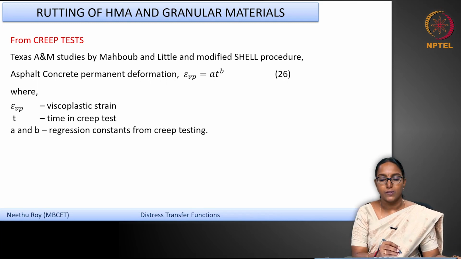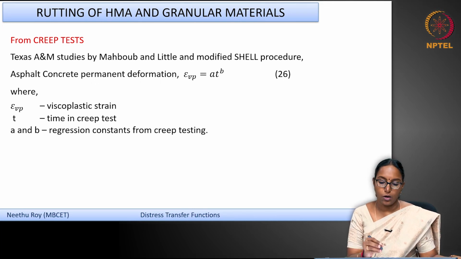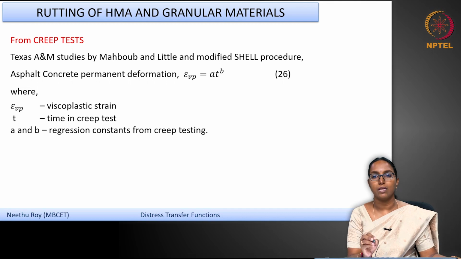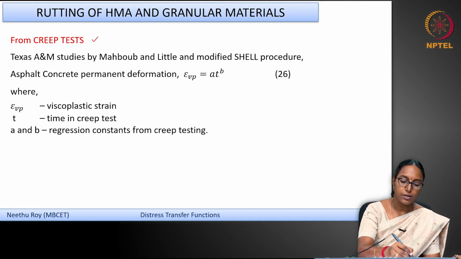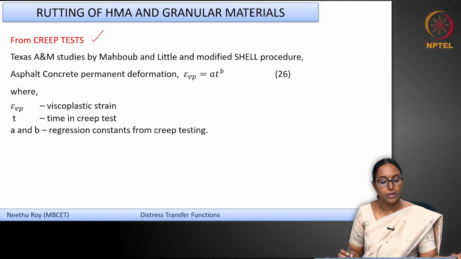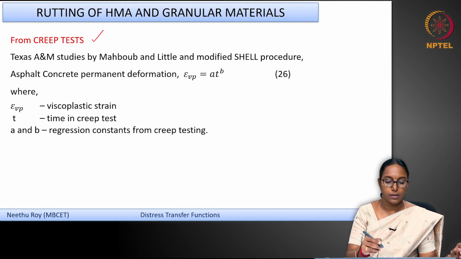Now, what I have discussed just now is that you do a repeated axial load kind of testing on the specimen to get the epsilon p values or the epsilon p expressions, whereas there are other studies wherein, rather than using a repeated load test, you go for a creep test, that is a constant loading test, and the modified Shell procedure has given this for the bituminous concrete, or asphalt concrete.